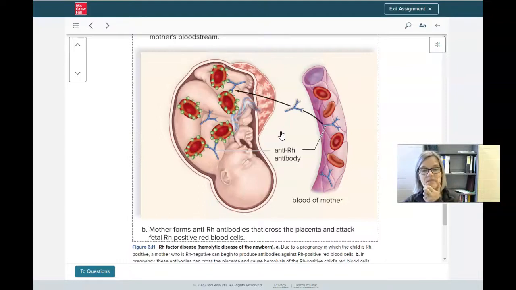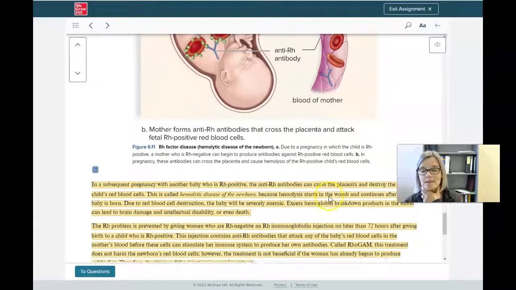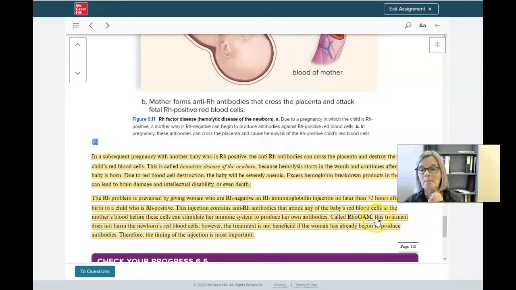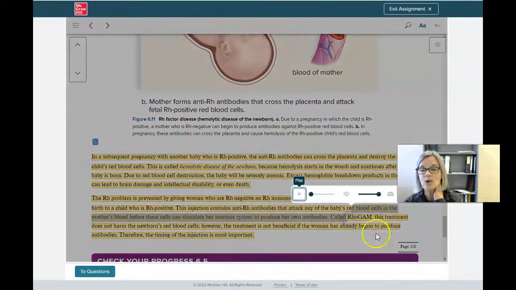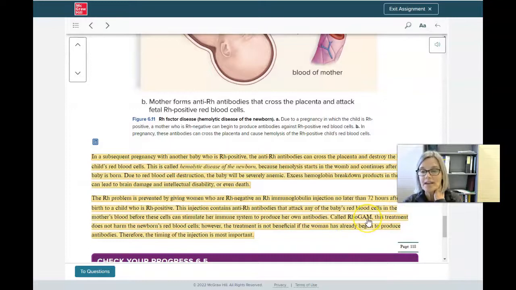Okay? So what happens is when that Rh negative mom is pregnant and about to deliver, they're going to give that mom a shot of something called Rhogam. And what Rhogam is, it's an antibody against an antibody.